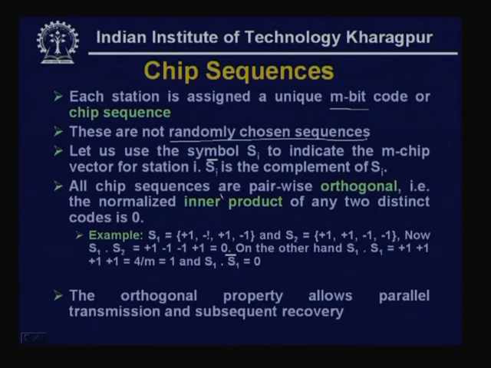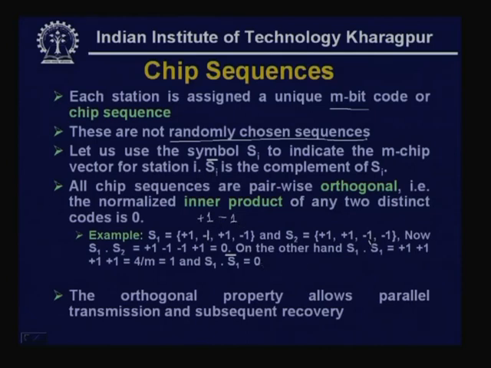Now, all the chip sequences are pairwise orthogonal, that is, the normalized inner product of any two distinct codes will be 0. So, for example, the code S1 is +1 -1 -1 +1, and S2 is +1 +1 -1 -1. If you take the inner product of these two, that means you multiply +1 with +1, you get +1, then +1 with -1, you get -1.